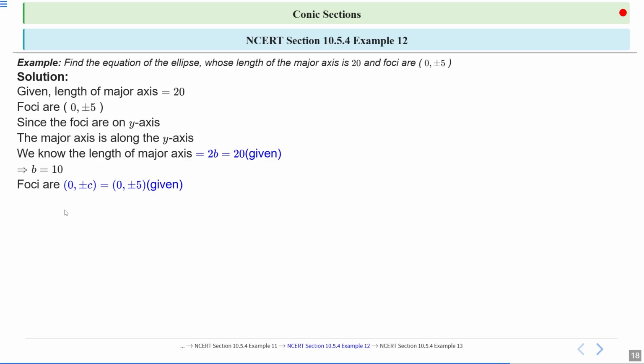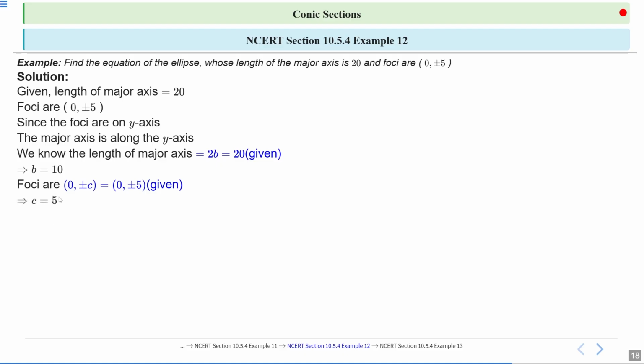And the coordinates of foci for a vertical ellipse are 0 comma plus minus c. Okay, and we have given the coordinates of foci are 0 comma plus minus 5. So now compare this and you will get the value of c.